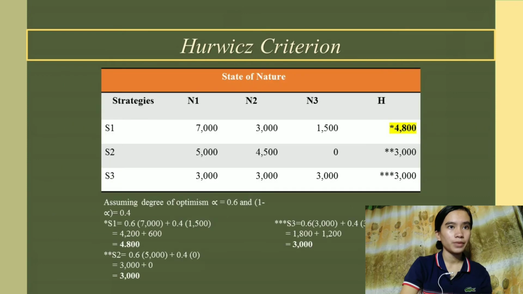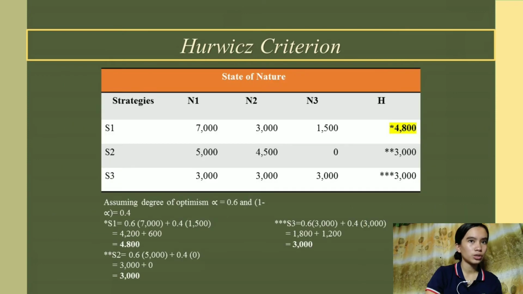So here, we will compute the H, which represents the coefficient of optimism, and first we will determine the maximum in the column and the minimum in the column. So in strategy 1, the maximum is 7,000 and the minimum is 1,500.